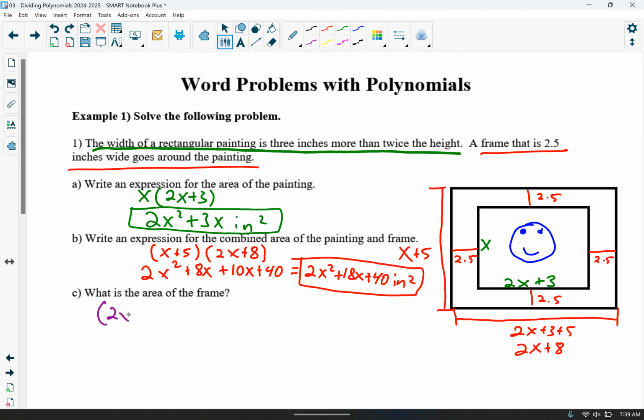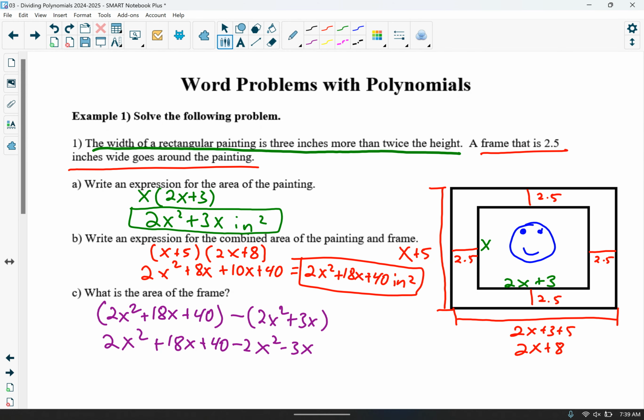So that's where we're going to do 2x squared plus 18x plus 40 minus 2x squared plus 3x, distribute our negative, and combine our like terms. Our 2x squareds cancel, and we should get 15x plus 40 inches squared as our answer.